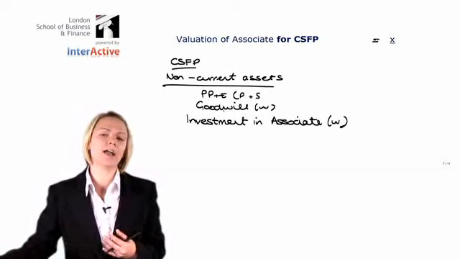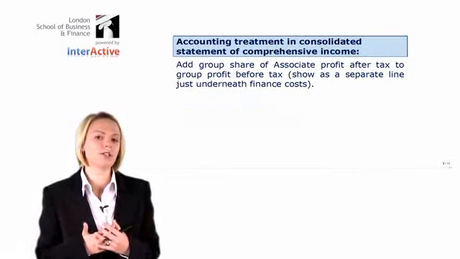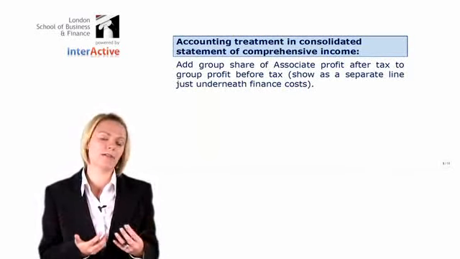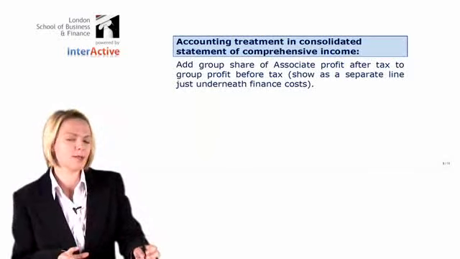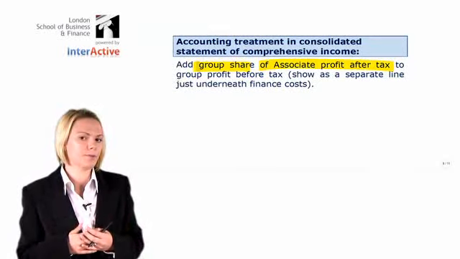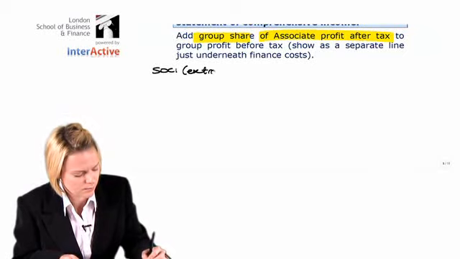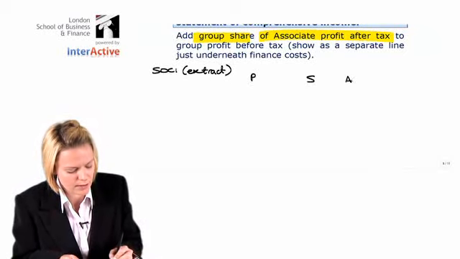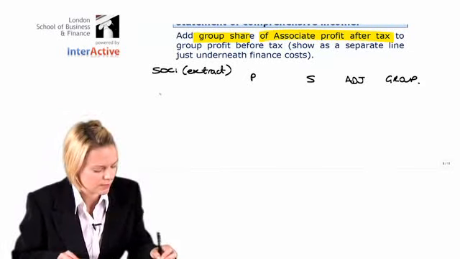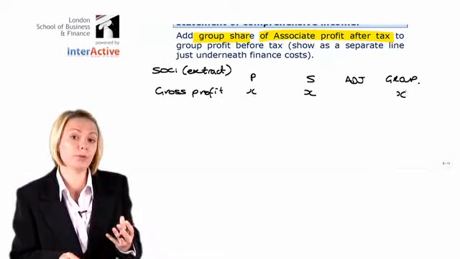Now, we also may need to equity account for the associate in the consolidated statement of comprehensive income. Well, what we do there is just take our share of the growth in the associate post-acquisition and add it to the parent's profits. So, what we do is we find the associate's profit after tax for the year and take our share of it, 30%. So if I was to do a SOCI extract for the group, and you had the parent, the sub, the adjustments column, and the group column, what you would have then is gross profit, parent, sub, group.